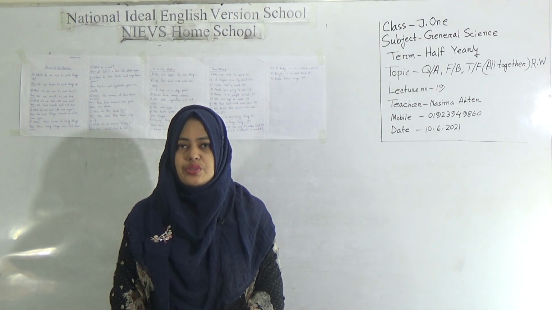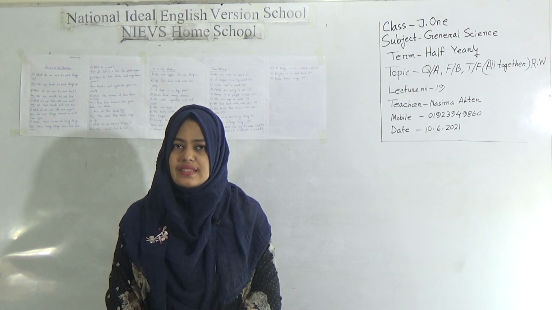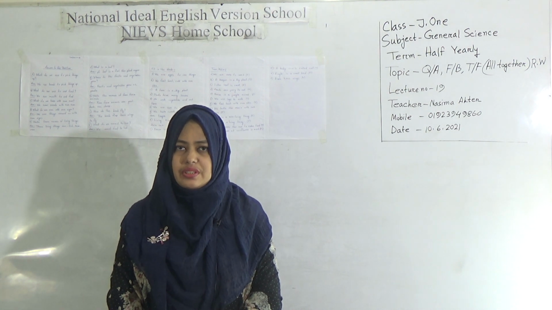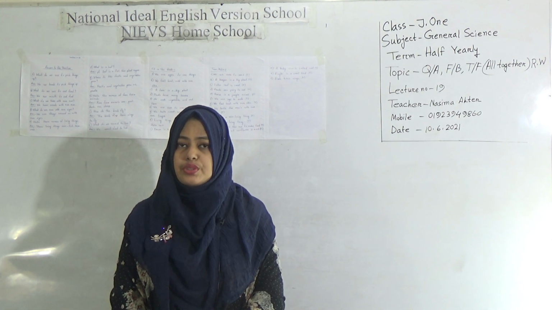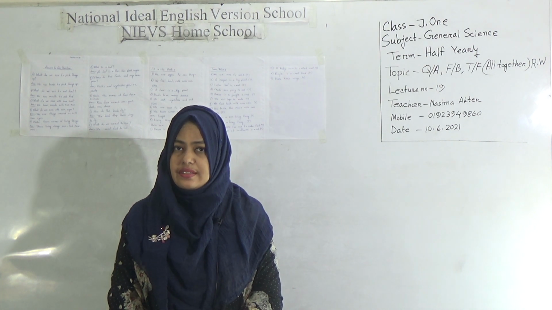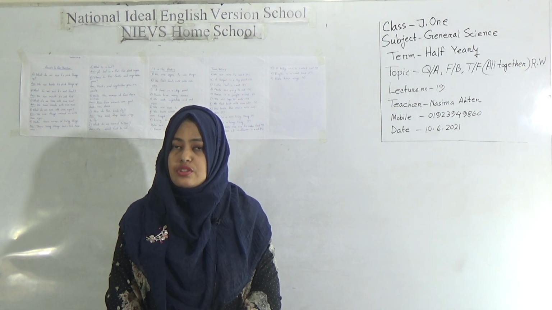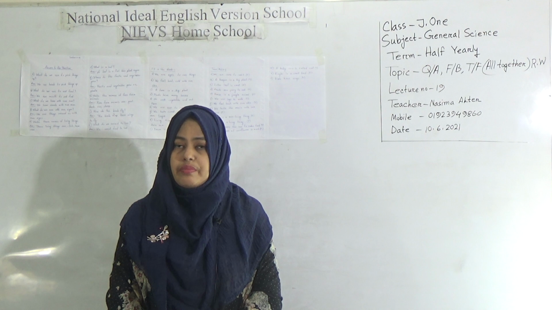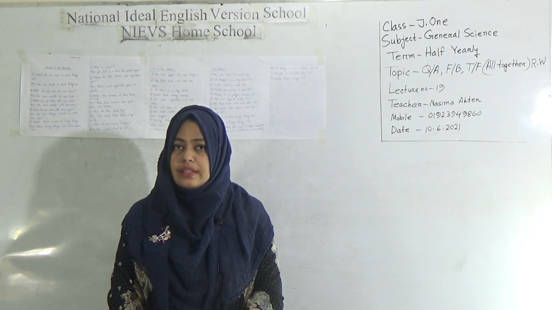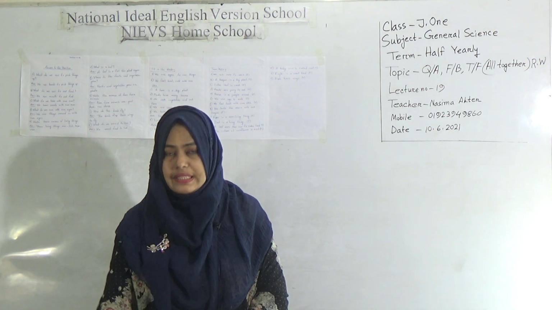Dear students, today I am going to take a general science class for class Junior 1 students. Our today's topic is question answer, filling the blanks and true false. Today we will practice this topic all together based on our half-yearly short syllabus. Let's see today's topic.